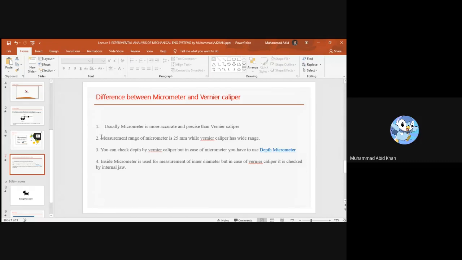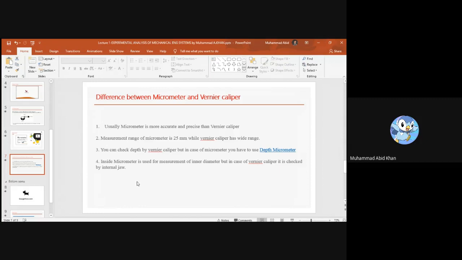The first point is that usually the micrometer is more accurate and precise than the Vernier caliper. The micrometer is more precise as compared to the Vernier caliper.